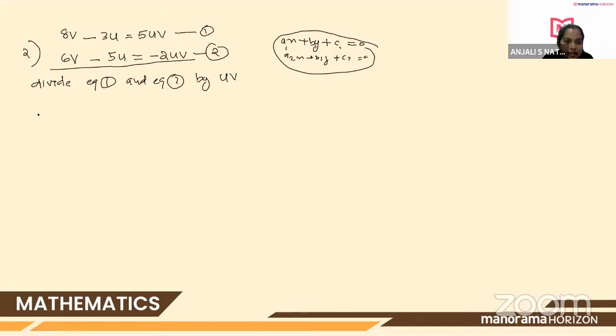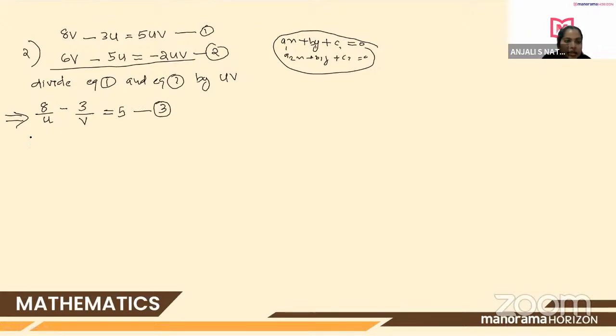Okay, then we get 8, v got cancelled, the remaining one is u. 8 by u minus 3 by v is equal to 5. We can take it as equation 3.